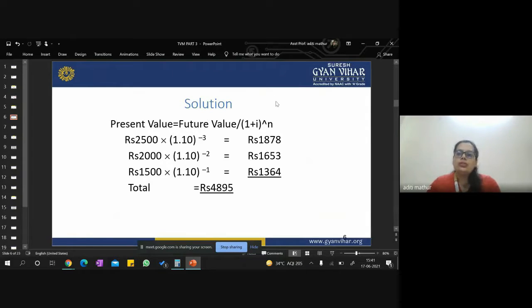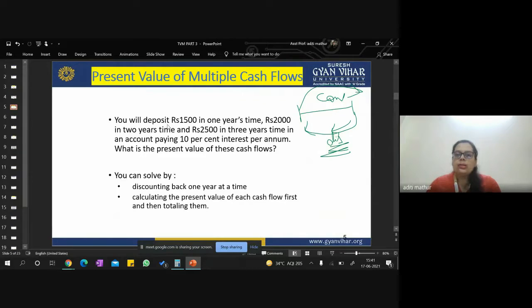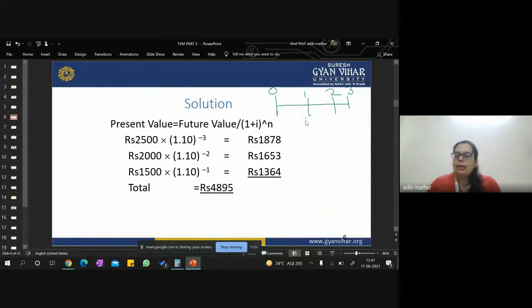So now let us draw the timeline over here. The timeline is 0, 1, 2, and 3. They are saying it is going to be 1,500, then 2,000, and 2,500.